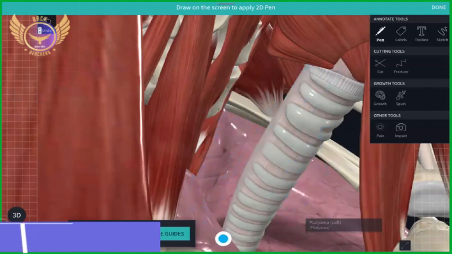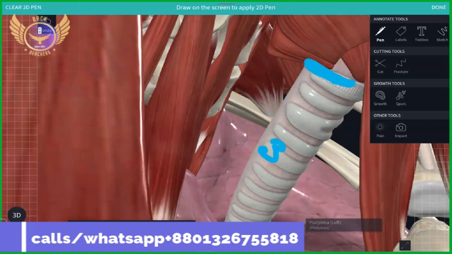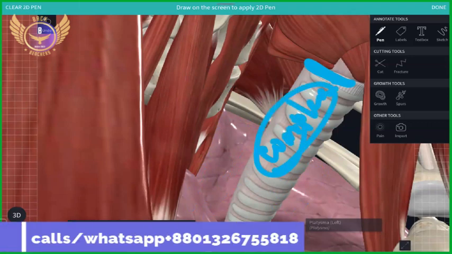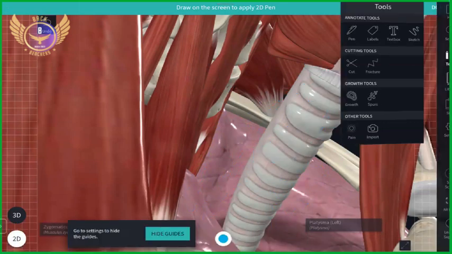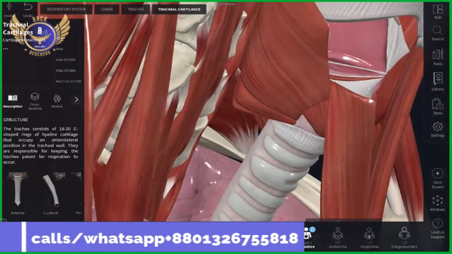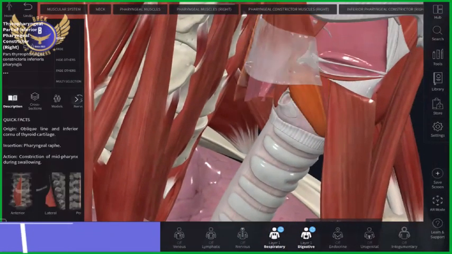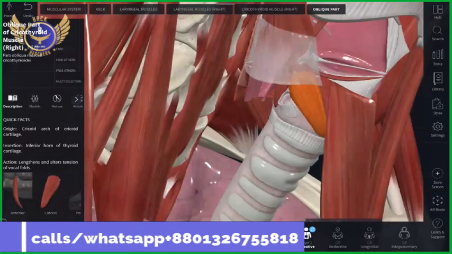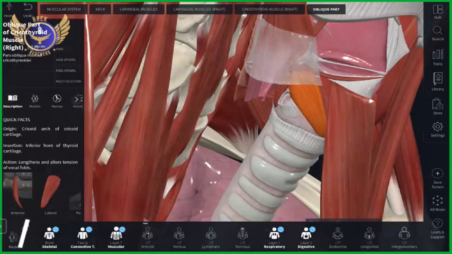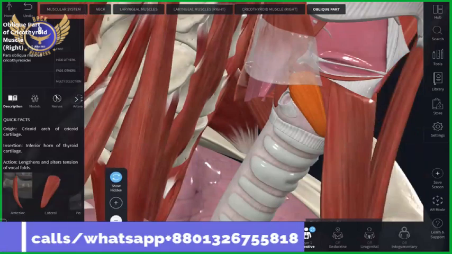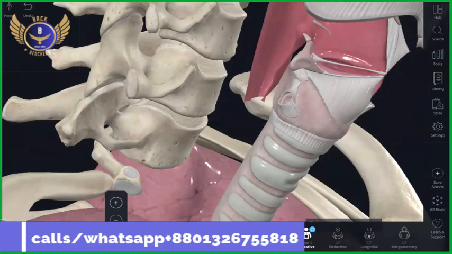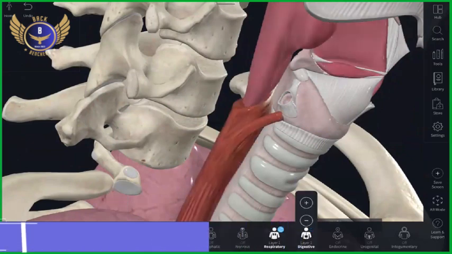But only the cricoid cartilage is a complete ring. Only cricoid is a complete ring. Let me show you. So if we have a tumor at this level, let's remove the muscles. Okay. And add the esophagus.